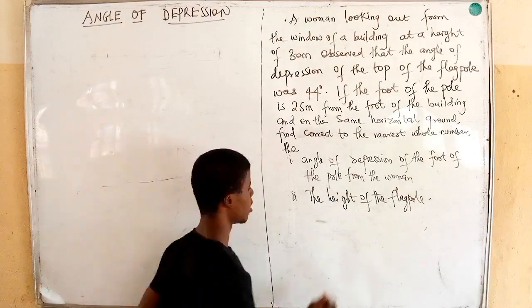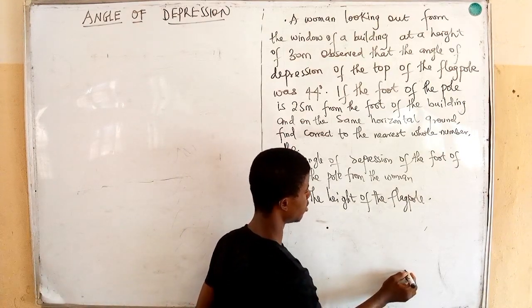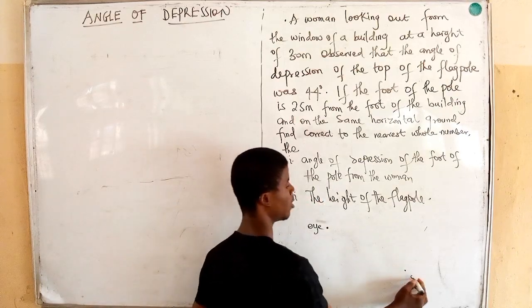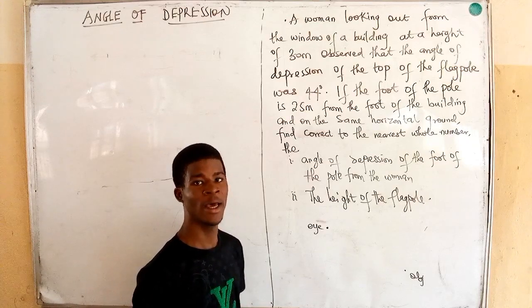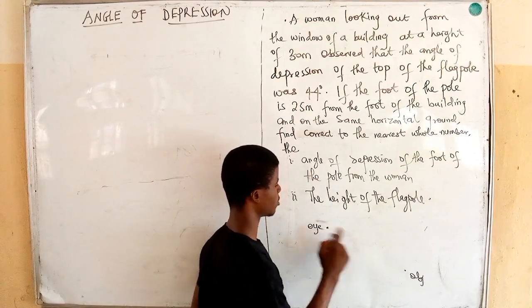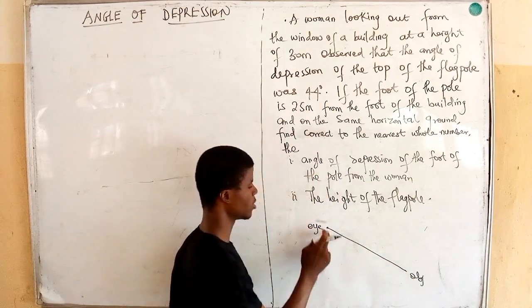And let's proceed. An object above is looking at an object below. This is the eye of the object that is looking at this very object below. Now, there is what we call line of sight. That is the line that joins these 2 points. So this is the line of sight.